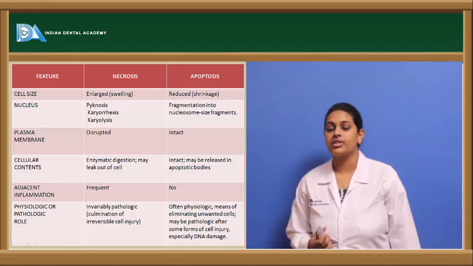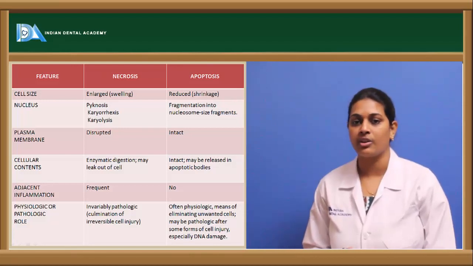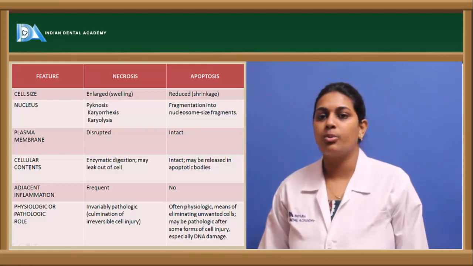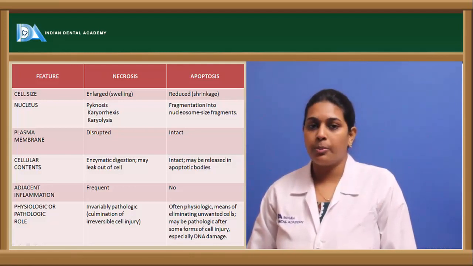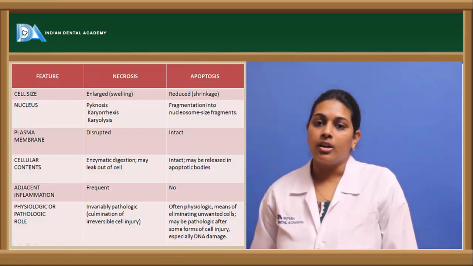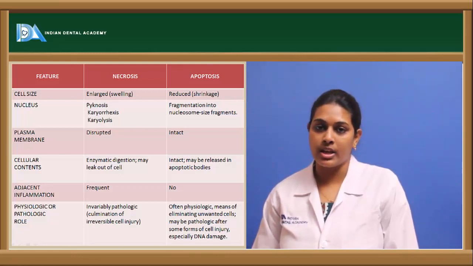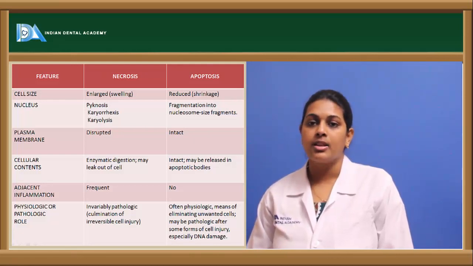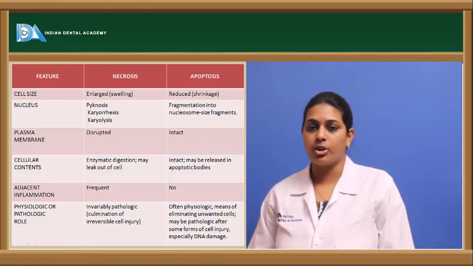And coming to the adjacent inflammation, usually in a necrotic cell, when we see it microscopically, the cellular contents and cellular debris form large amorphous densities in a collective, along with infiltrating leukocytes.